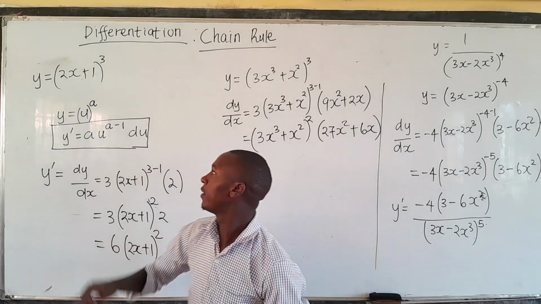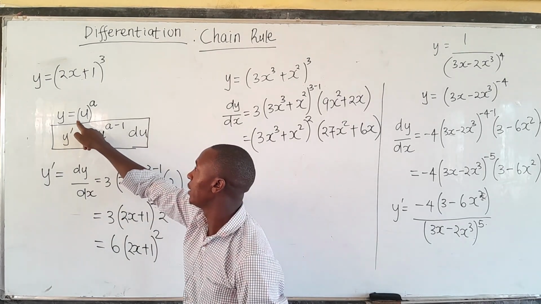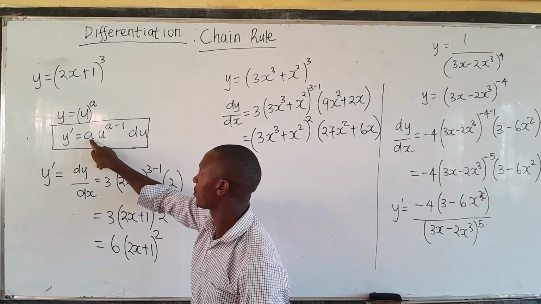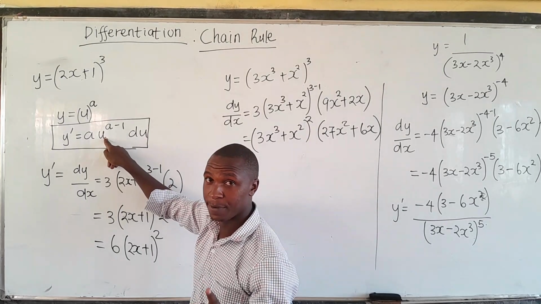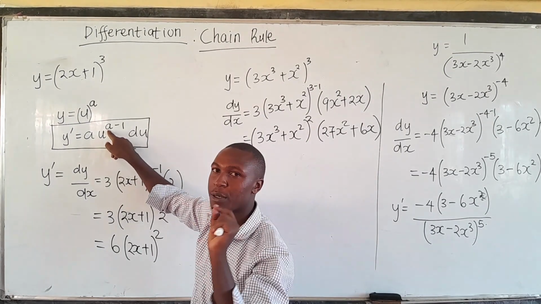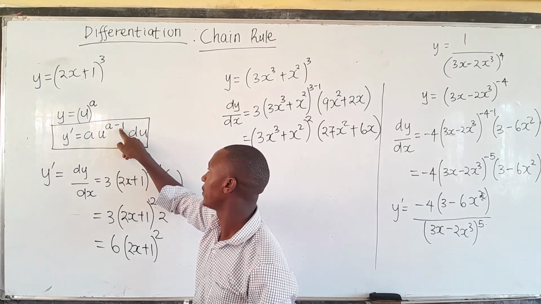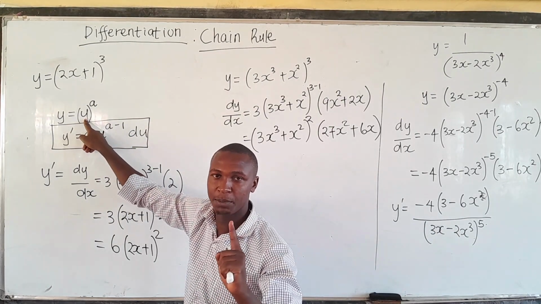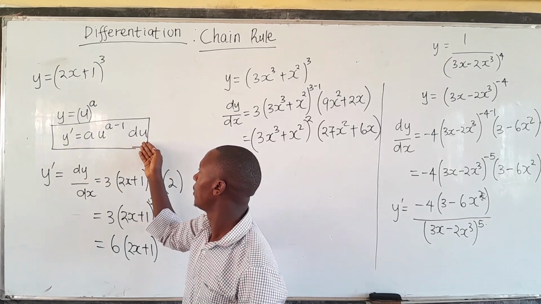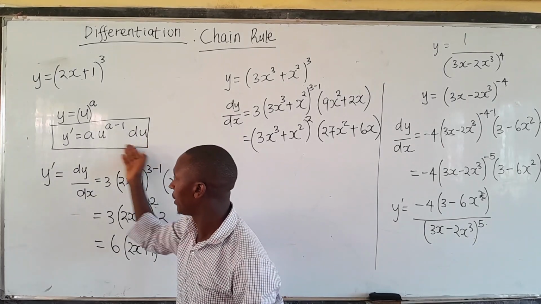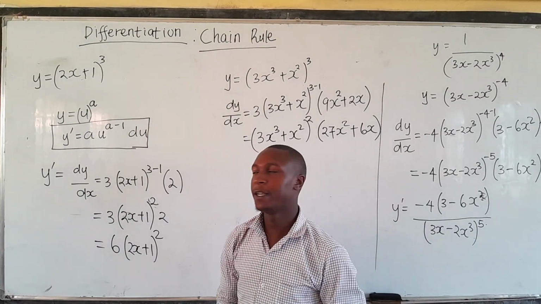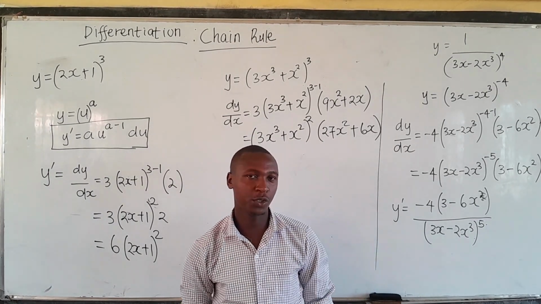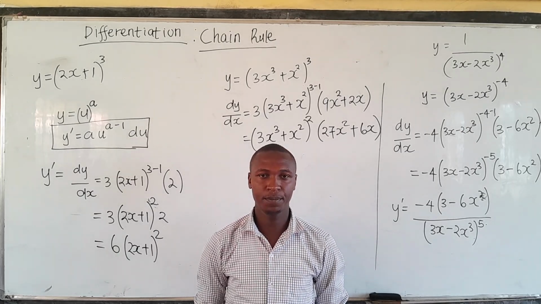If you have the function of y equals u power a, then you're going to multiply a by the function, and then you rewrite the function again, but now in the power you subtract 1, and then you find the derivative of what is in the brackets, and then you multiply, then you expand or simplify further. That's how we can differentiate a function using the chain rule.